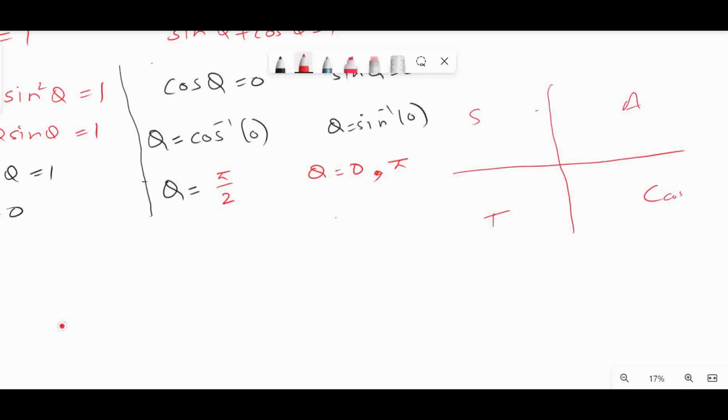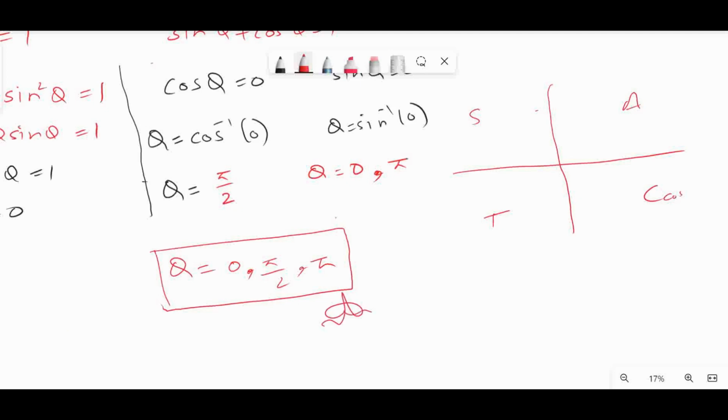But here for this case we can directly say that theta will be equal to 0, then pi by 2, and then pi. So this will be the final answer. I hope the concept is clear.